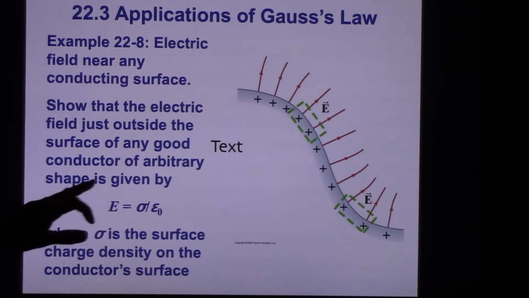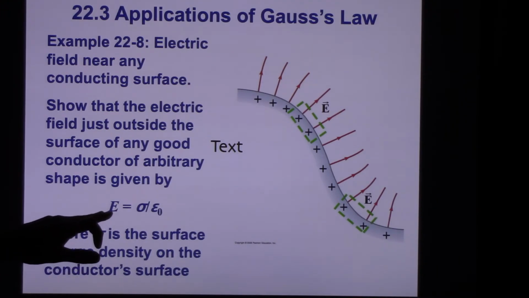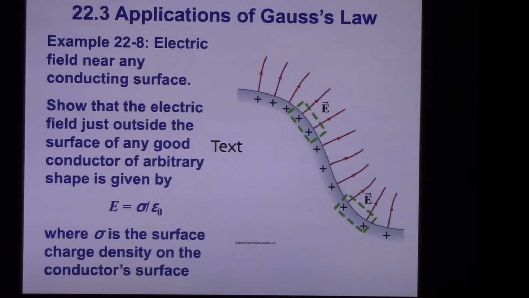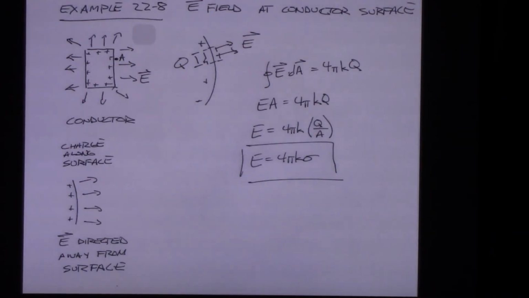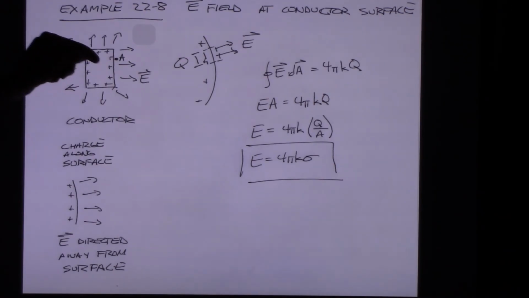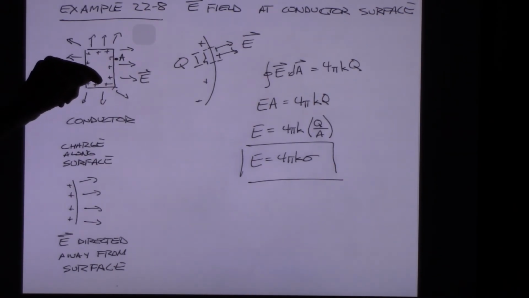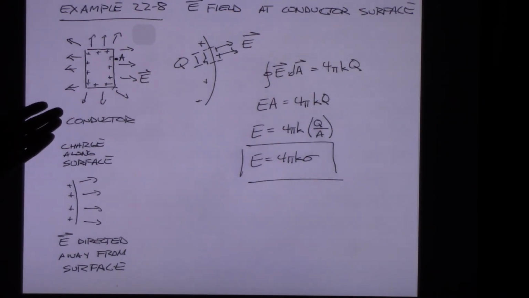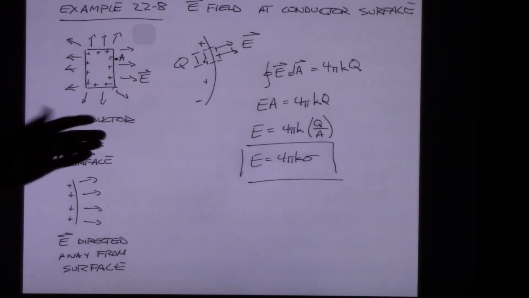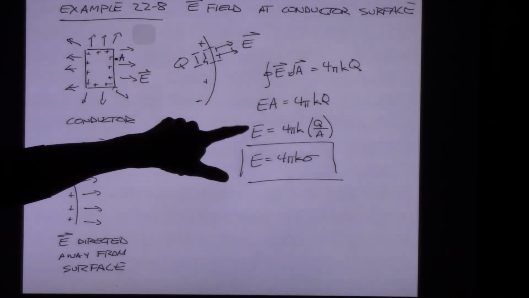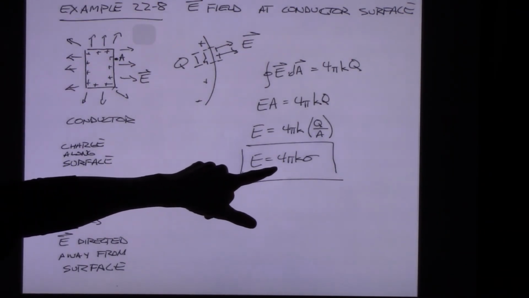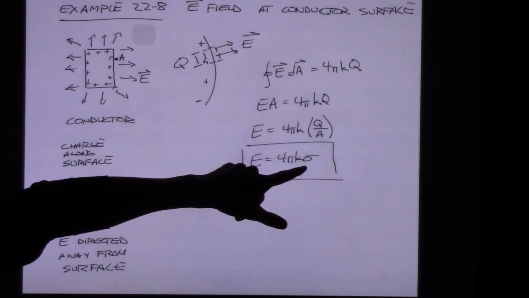And Gauss's law tells us that the electric field near the surface, again, it's got to be near the surface for this approximation to work, is directed away from the surface, while the electric field inside is 0. And so what we can do then is use Gauss's law along the surface to show that the electric field is given by 4 pi k sigma.